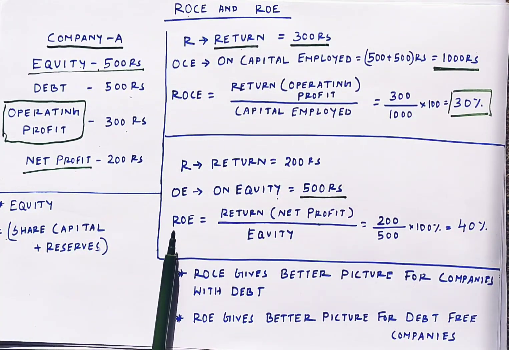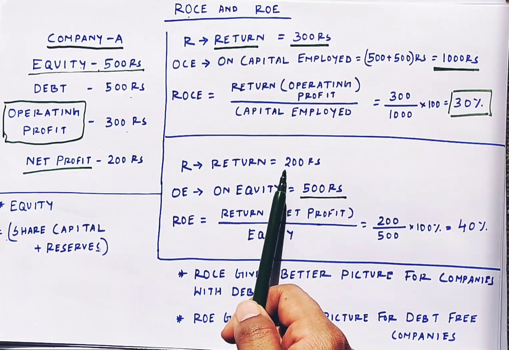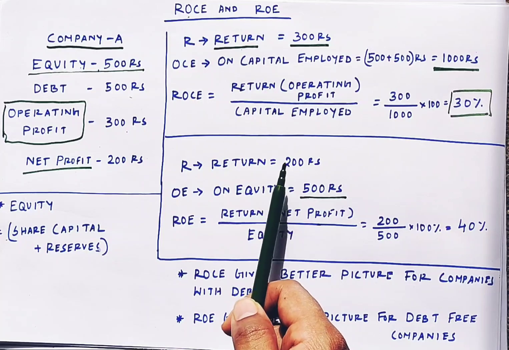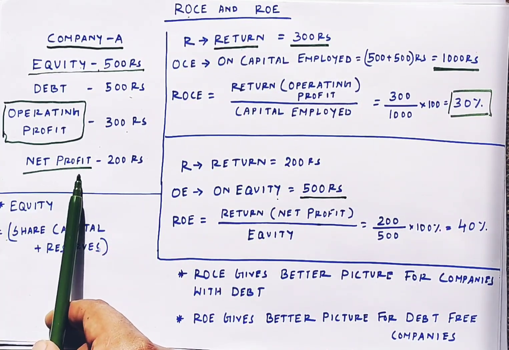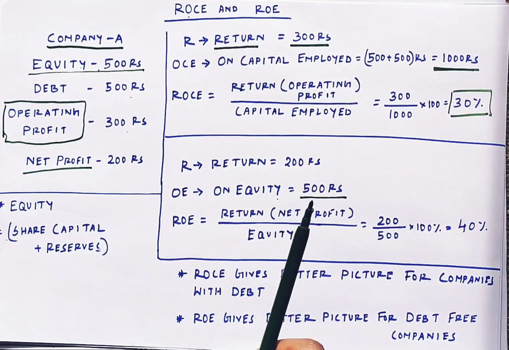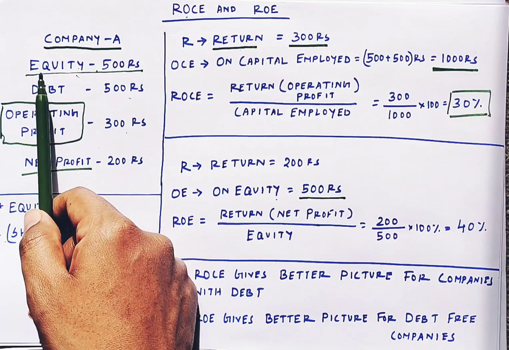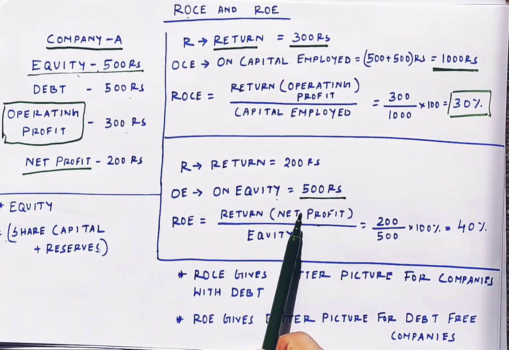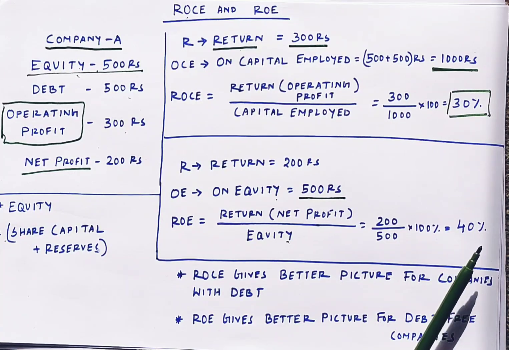But when we calculate ROE, we check how much money you have made on equity. You have made an extra 200 rupees after all the tax and interest, which is actually your net profit. So 200 rupees on 500, because we calculate ROE on equity only. Your net profit of 200 divided by 500 becomes 40%.